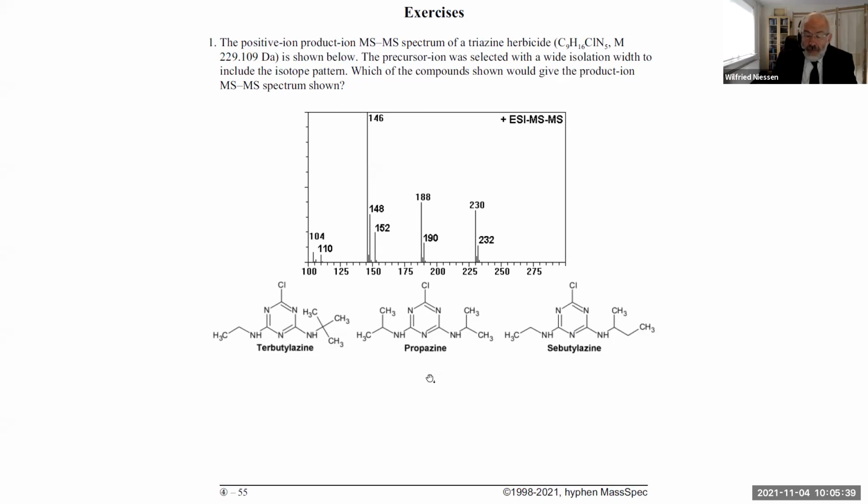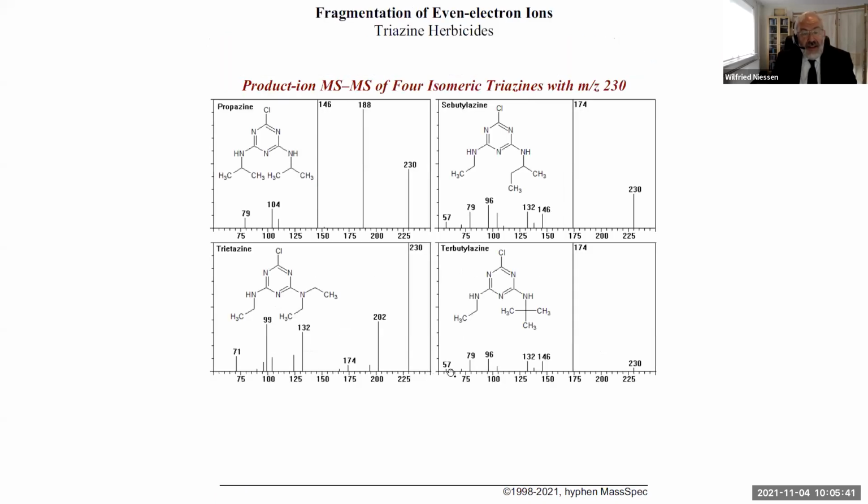Yep. Thanks. And as you can see in my next page, in the sebutylazine and terbutylazine, you see the loss of 56, and it's actually quite difficult to discriminate between the sebutylazine and the terbutylazine from the MSMS spectra, but we can do the discrimination by LC retention time, because they show a different retention under normal LC conditions.